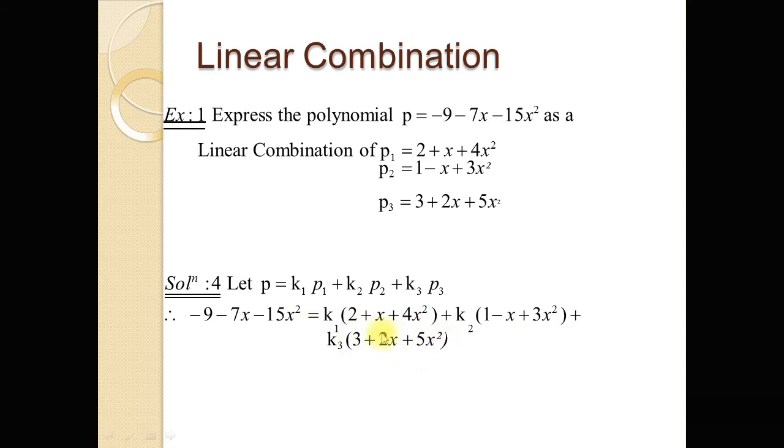Now comparing the like terms, 2K1, 1K2 and 3K3 are the constant terms. Similarly, the coefficient of x gives K1 minus K2 plus 2K3 is equal to minus 7, and the coefficient of x square gives 4K1 plus 3K2 plus 5K3 is equal to minus 15.